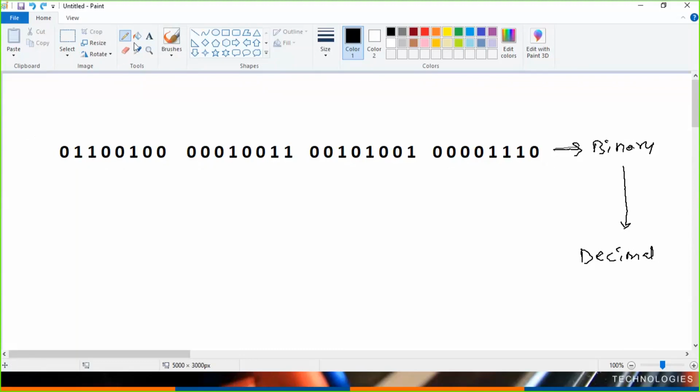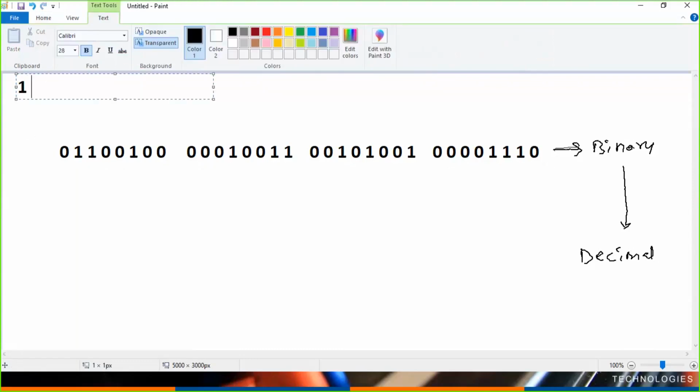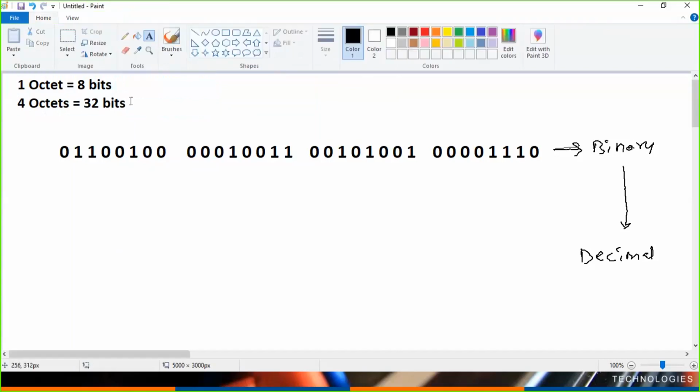Each portion we technically call an octet, one octet equal to 8 bits. It is a rule, a logic. Similarly, 4 octets are 32 bits, correct? Okay.